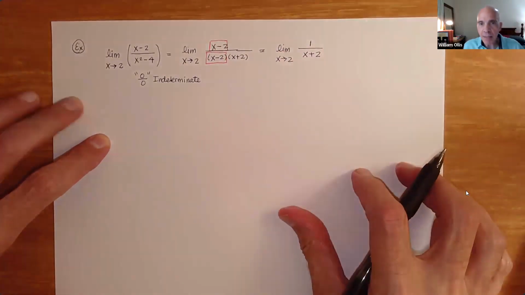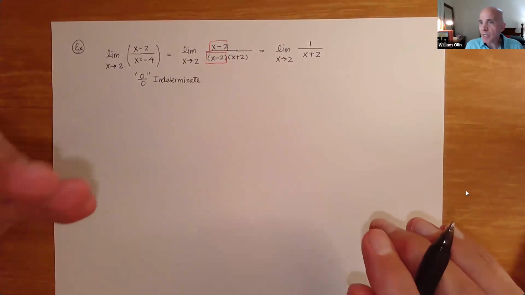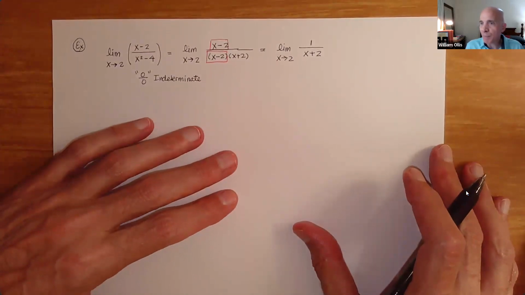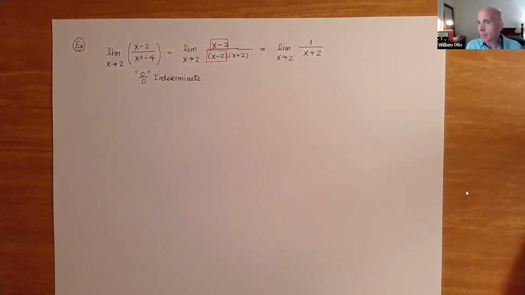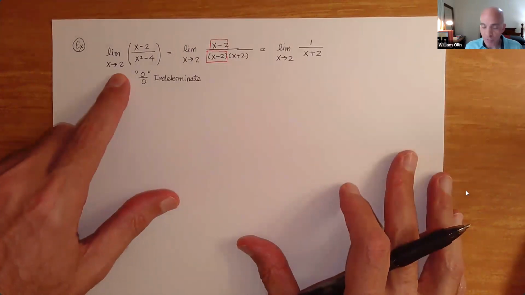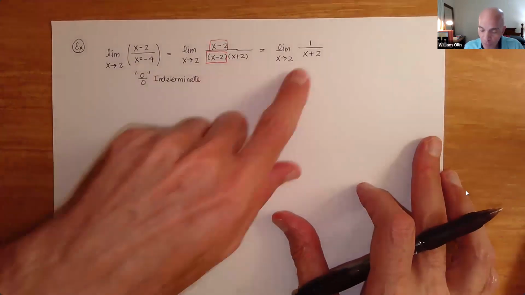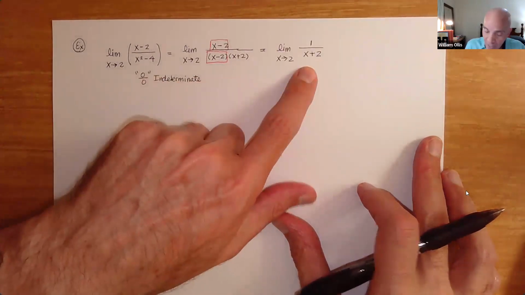You've seen that factoring is certainly a way to figure out a replacement function, or multiplying by a convenient one, like the conjugate method, will often give you a function that replaces the original and has good properties at the particular value of c. In this case, it's 2. Now, this function is defined at 2.